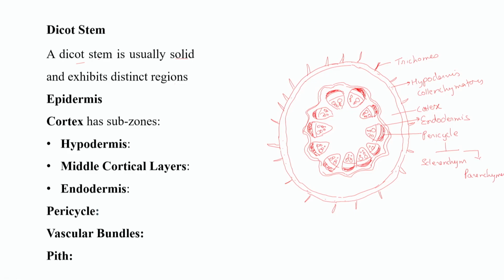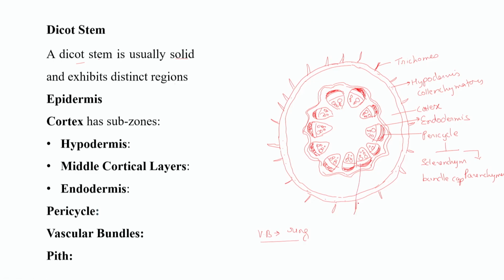Now the parenchymatous patch which is found around the vascular bundle is also known as bundle cap. And below that you will see vascular bundles which are arranged in the form of rings. So it is a very peculiar feature of dicot stem that vascular bundles are arranged in the form of a ring.